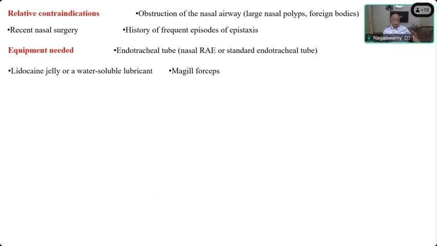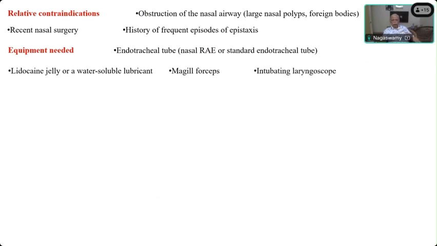A similar forceps is used by the ENT surgeons for packing the nose before doing the so-called nasal septum correction. In earlier days, it was called SMR, submucosal resection of the septum. So they use the angulated bayonet forceps, which also has an angulation to hold the instrument with the tip clearly visible. So this is an instrument.